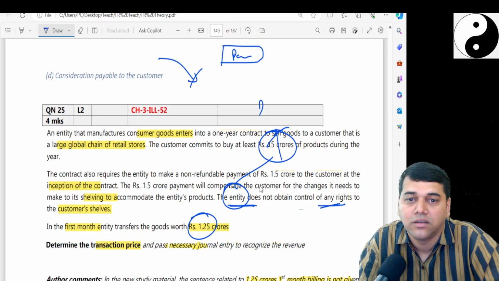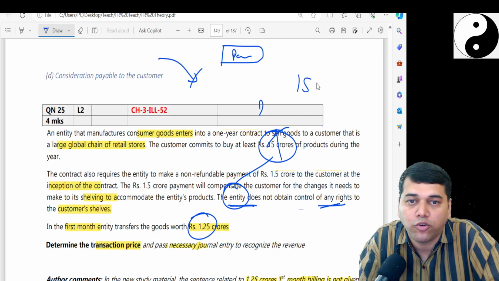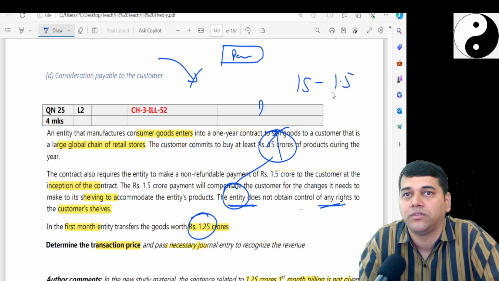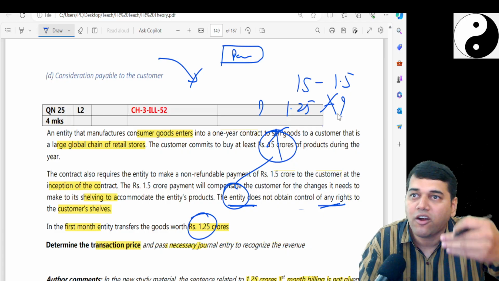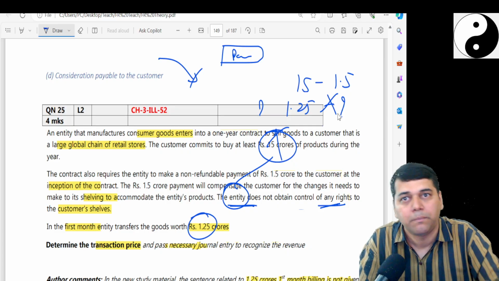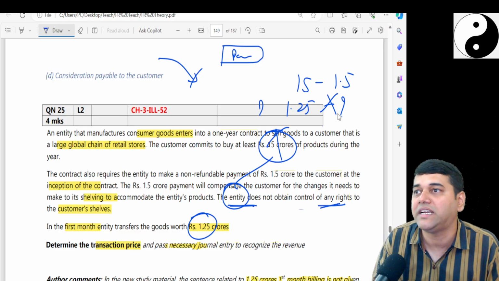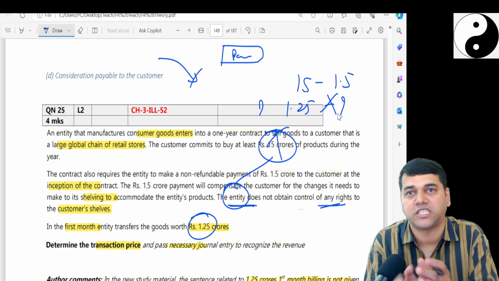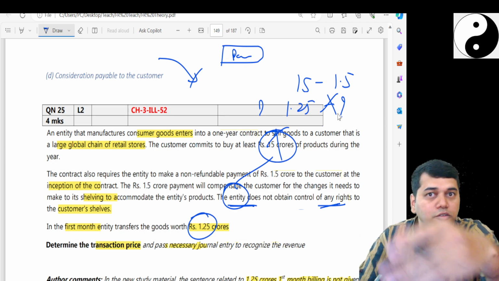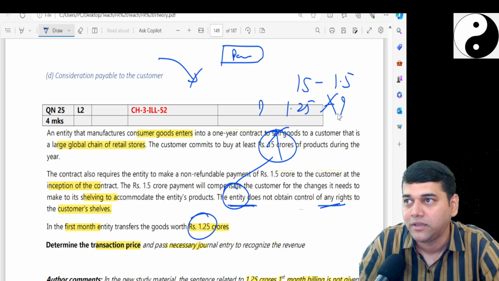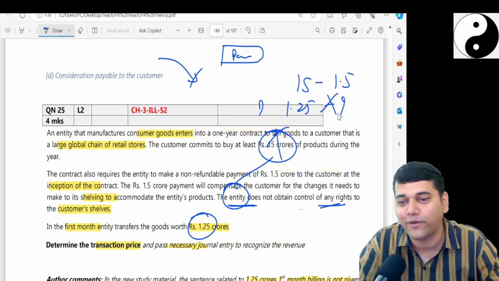For 15 crore, I paid 1.5 crore. For 1.25 crore, how much do I need to adjust? On every sale, when the sale happens, what entry do you pass? Customer account debit to sales 1.25. You should tell what entry should come. That gives me an understanding of whether you have understood or not.